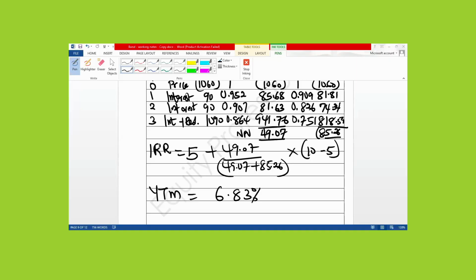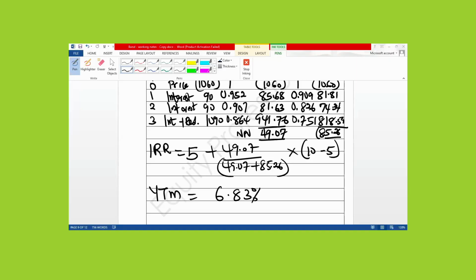Can you hear me? Please, are you talking to us? Yes, please. I just wanted to confirm, is there a correlation between the yield to maturity and bond C? Because I can see that their rate is the same, or is this just pure coincidence?